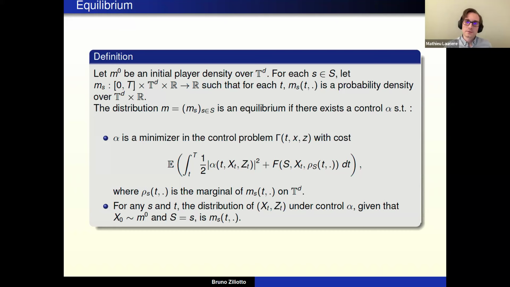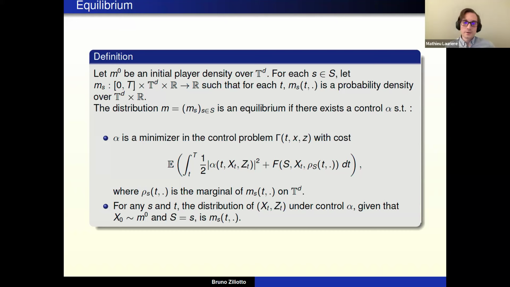Yeah, you need to have some initial condition. And the third input in MS is S, the real variable. So you have time, position, and the state. Again, I assume that the signal is real, but you can do it in any finite dimension.